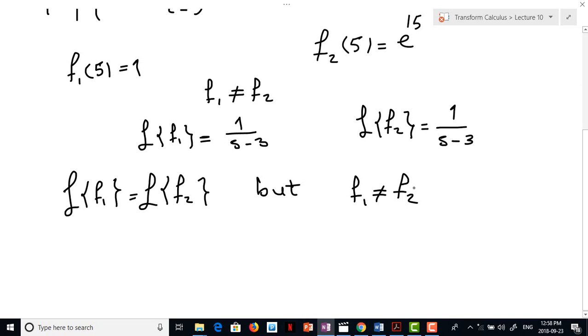Just under one condition can we say that if the Laplace transform of f1 is equal to the Laplace transform of f2, then f1 is equal to f2.